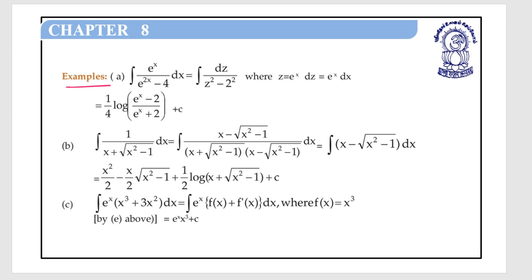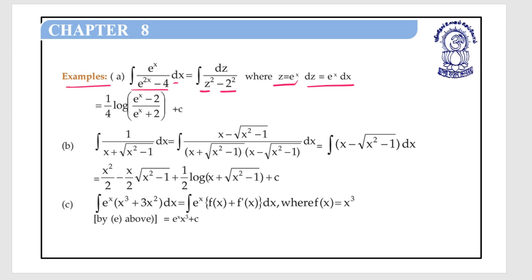Examples. Integration of e raised to x upon e raised to 2x minus 4 dx. Consider e raised to x is equal to z. So dz becomes e raised to x dx. So dz upon e raised to 2x, where e raised to 2x becomes z square minus 2 square.